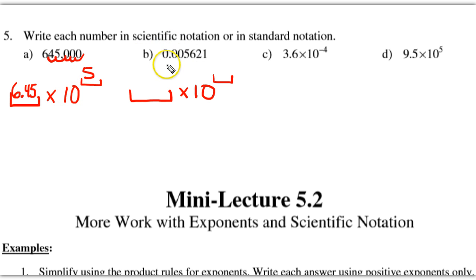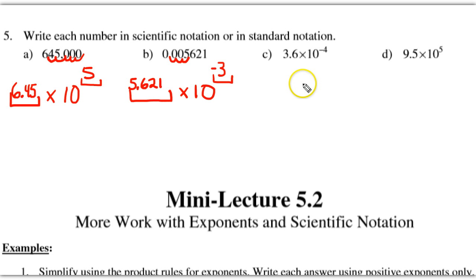Small numbers, let's make this a number between 1 and 10. 1, 2, 3. So this will be 5.621. And I've moved it 1, 2, 3, so negative 3.